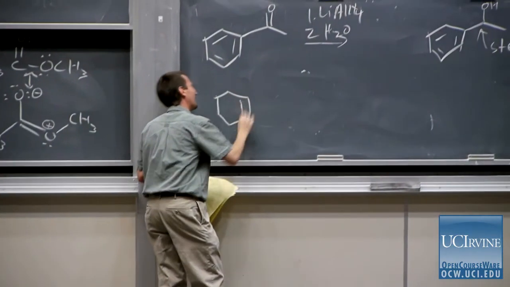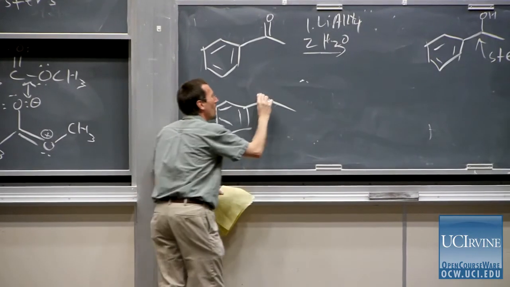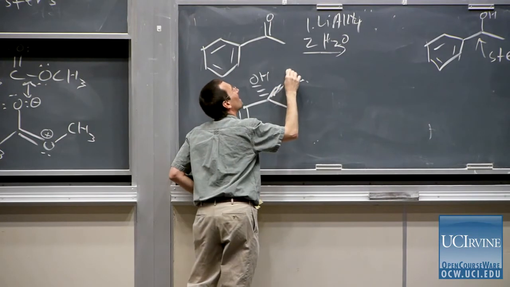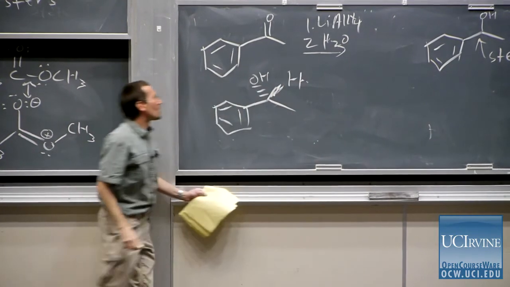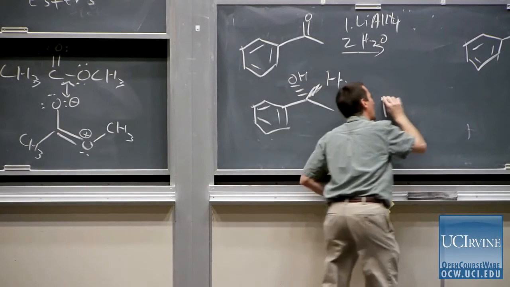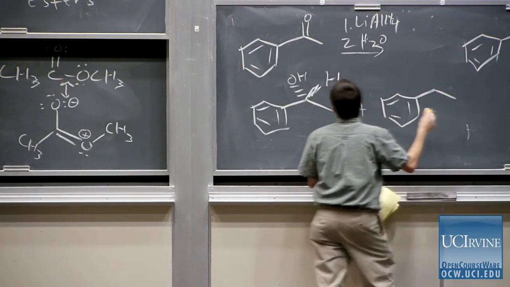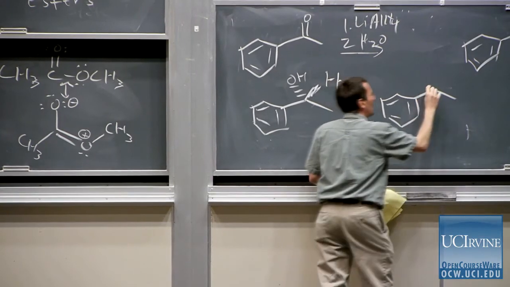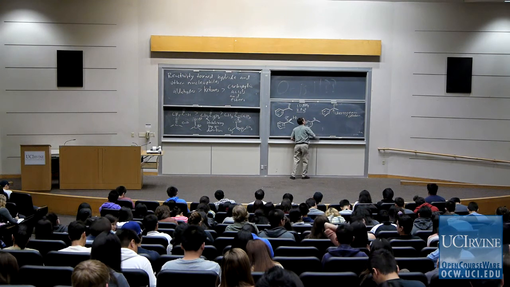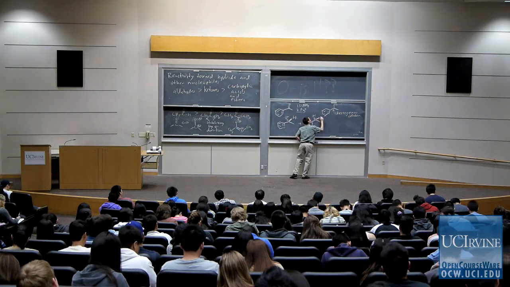All right. So we can have one enantiomer, we can have the other enantiomer, and unless I do something special to only get one, unless I bring to bear some source of chirality, I get both enantiomers.